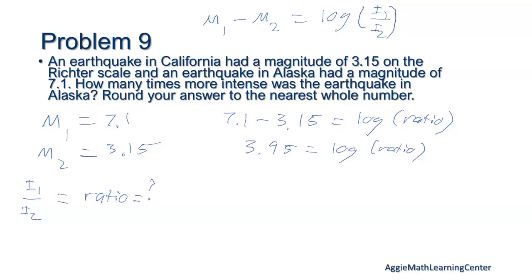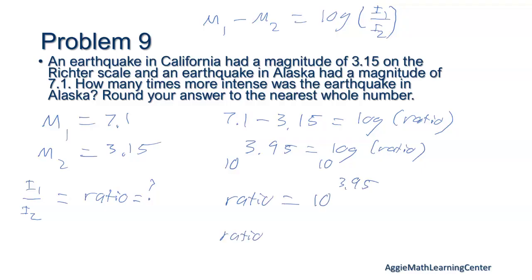To undo our log, because this equation doesn't give you a base, we're assuming it is the common log, which is base 10. So we raise both sides to the power of 10, and you get your ratio equals 10 to the power of 3.95.